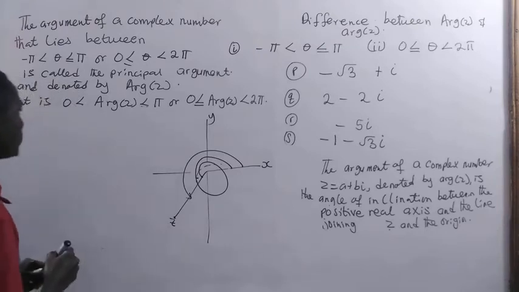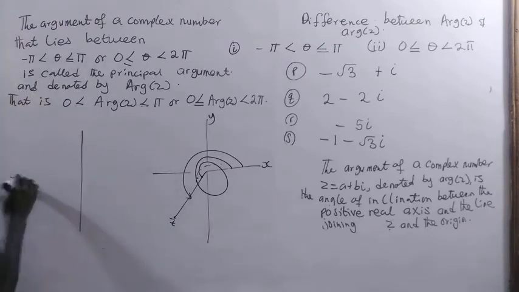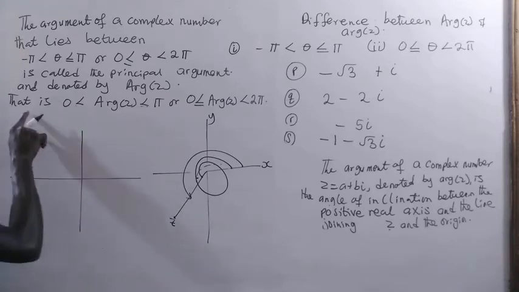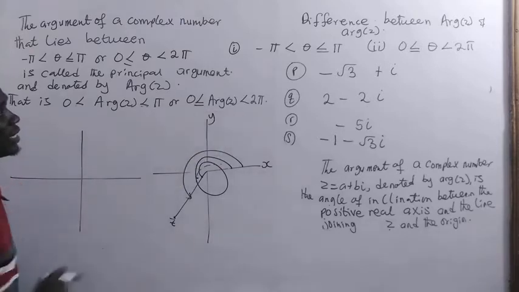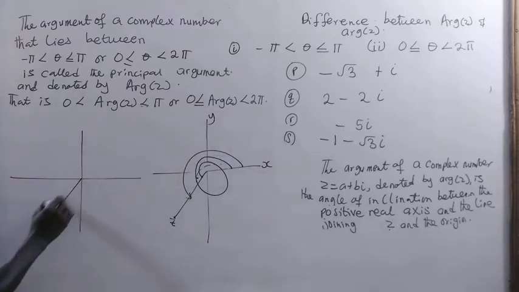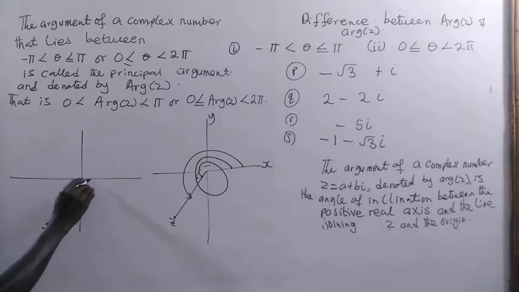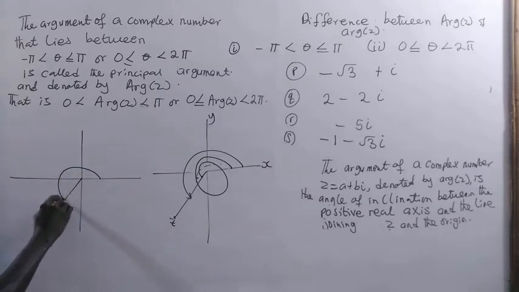So, in simple terms, if I draw my complex plane, and before I go here, in symbols, that is how we represent the principal argument. And then I visualize a point here as my z. Here, let's do this one. If I draw this, and I name here, let's say theta.